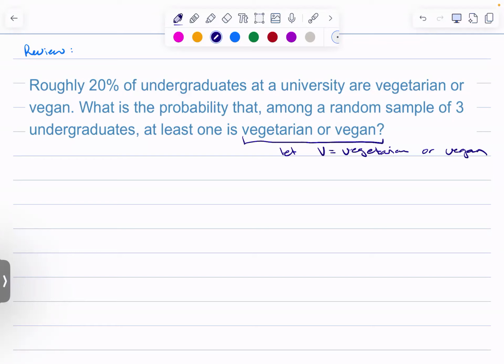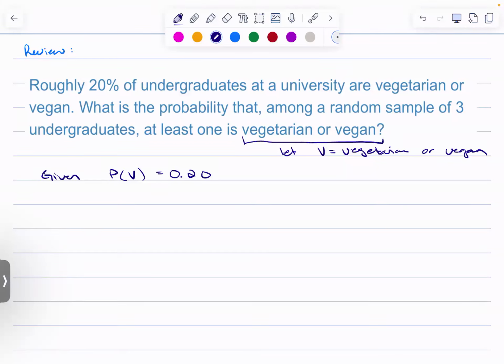What are we told? We're given the probability of V, right? The probability of someone being vegetarian or vegan is 20%. Now, what's the first rule of probabilities? Probabilities have to be between 0 and 1.